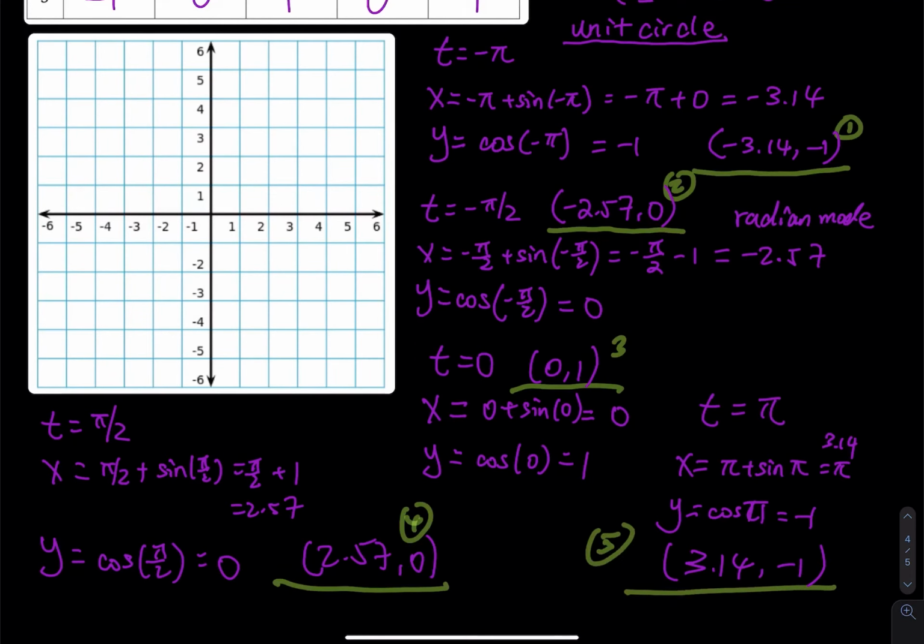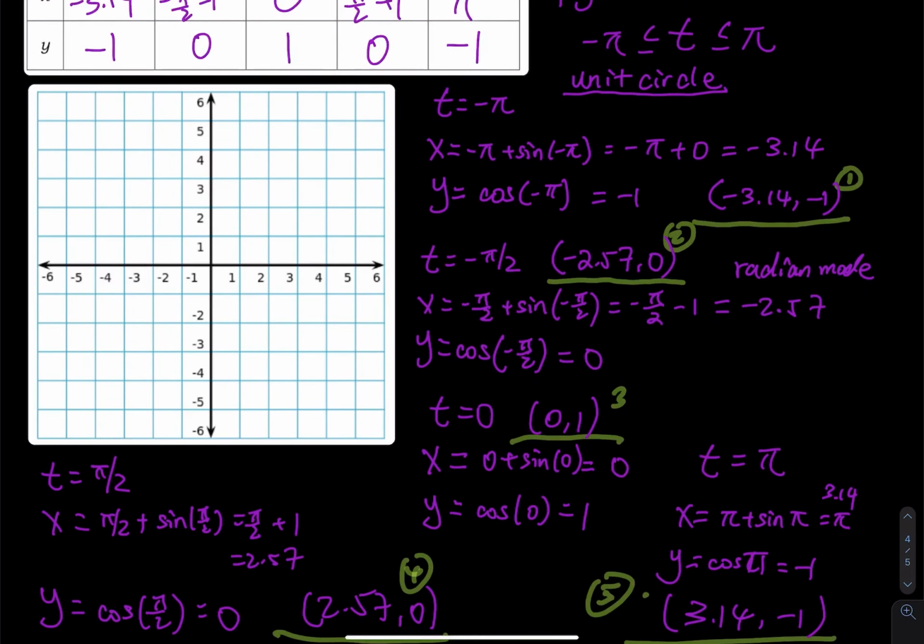All right, so let's plot them. The first point is -3.14, comma -1. So when x is equal to -3.14, that will be right here, right? And then the next point is -2.57, 0, which is right here.